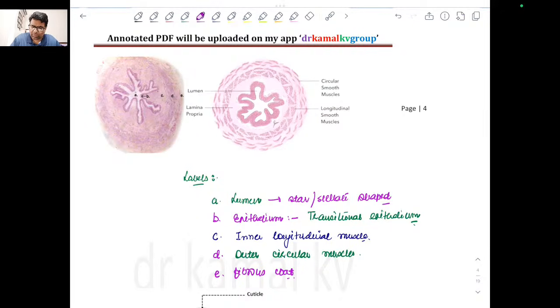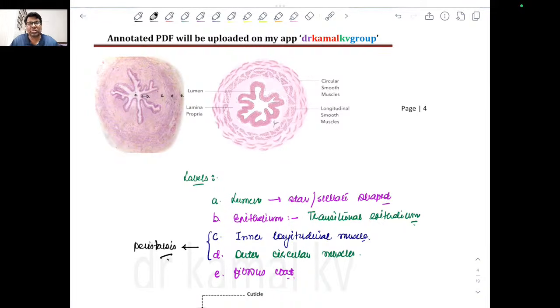Okay. So what is important to see here? Number one, how you will identify the stellate shaped lumen. Number two, you can see these are the longitudinal smooth muscles, and I think all of you must be knowing what is the purpose of having smooth muscles here, because this is for peristalsis.